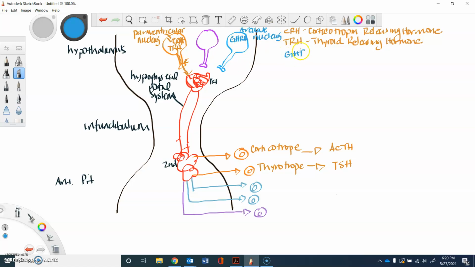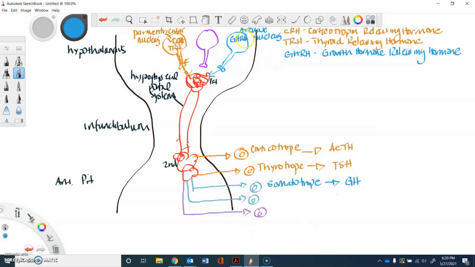So GHRH, growth hormone releasing hormone. And it will secrete the growth hormone releasing hormone into that first capillary bed, and then it will come out and will target a somatotrope. And the somatotrope will release growth hormone.